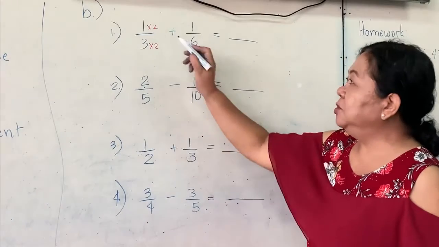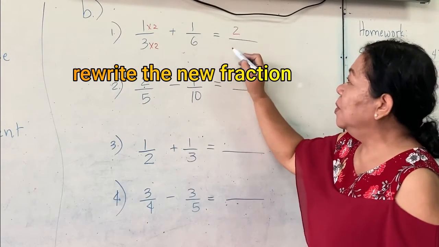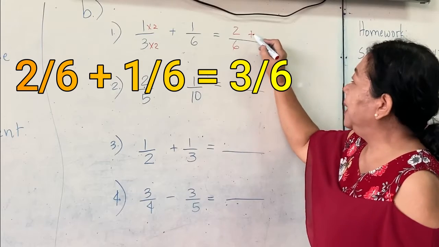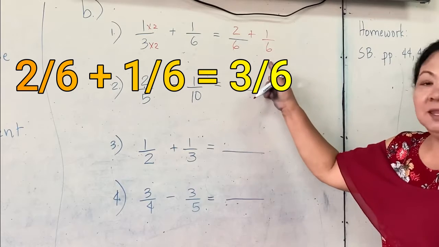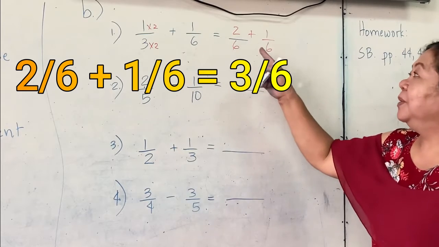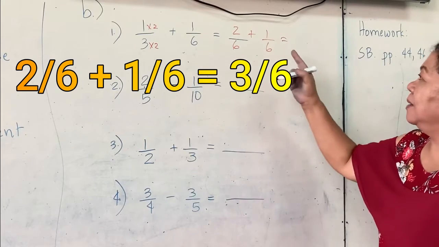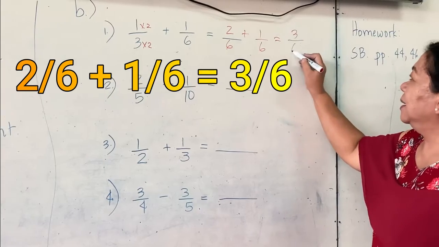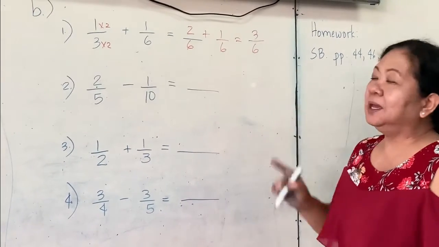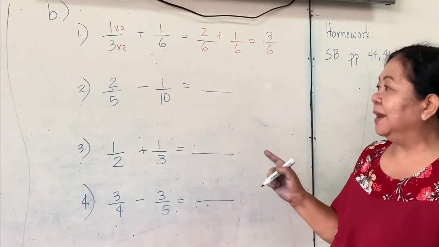So, our new fraction now is 2 over 6 plus 1 over 6. So, the denominators are the same now. You will just add the numerators, like the example in number 1. 2 plus 1 is 3 over 6. The same denominator, just copy the denominator, the same value.